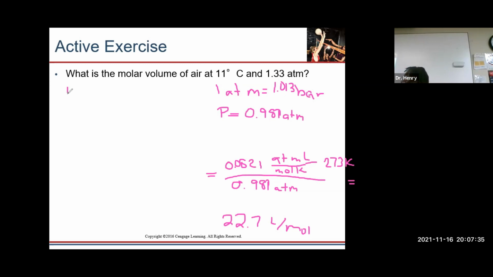My givens are T, 11 plus 273, that's Kelvin, and pressure 1.33 atm.